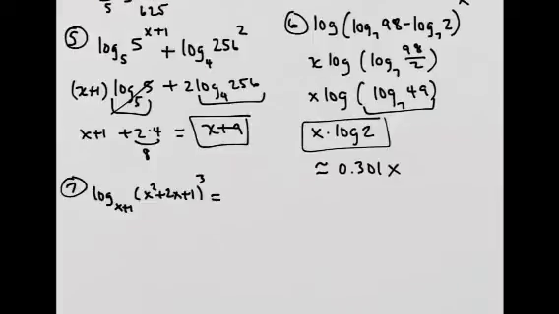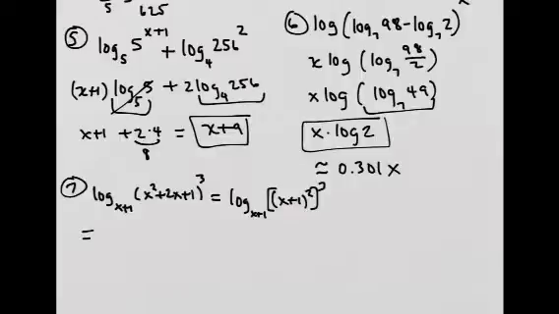So I recognize that the quadratic in the parentheses can factor, so I'm going to go ahead and do that first. So this becomes log base x plus 1 of x plus 1 squared, but then it's to the 3rd power. So remember, when it's power to a power, you multiply.